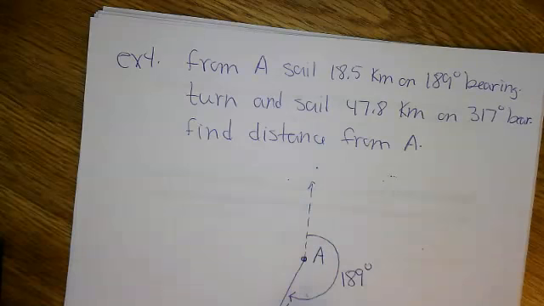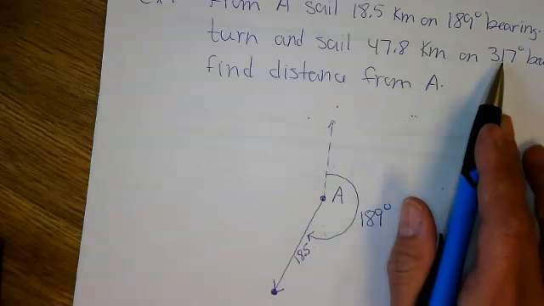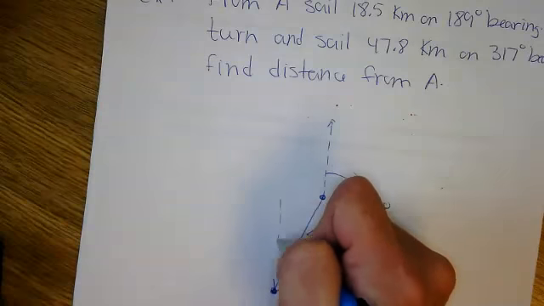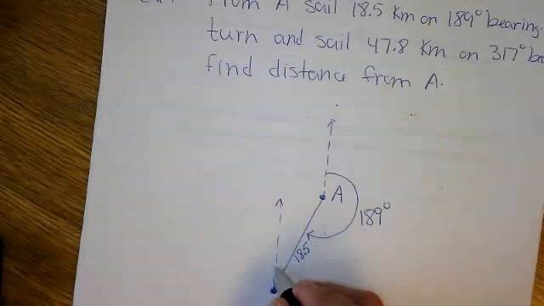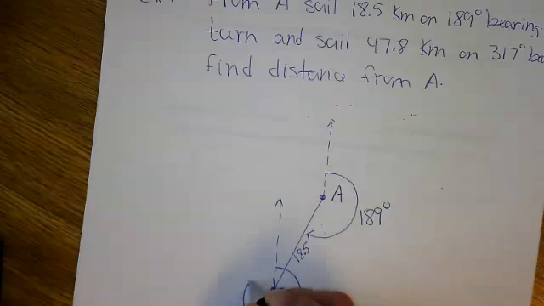Now from here, we're going to turn. So you need a new reference point, and we need a new reference line. So a new bearing, 317 degrees. So I need another north line. Put your pen on that dotted line. 317. That's 90, 180, 270, plus some more to get to 317.